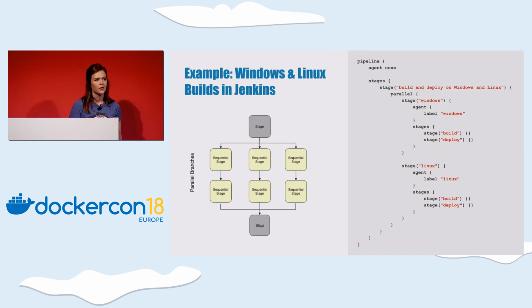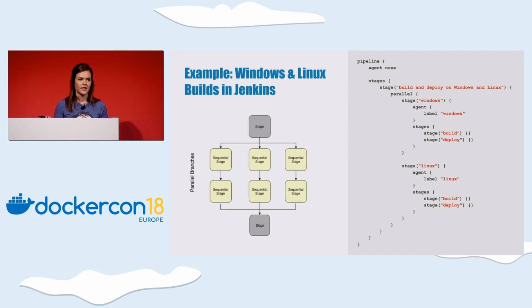Cool. I want to leave you with two examples before we get back to our Windows image, which should be finished building by now. This is an example of using Jenkins to cross-compile Linux and Windows. This is using parallel testing with containers, but also introducing yet another kind of cool feature, which is sequential stages. So basically, you're able to configure exactly what you want to run in exactly which order using a declarative pipeline in Jenkins.